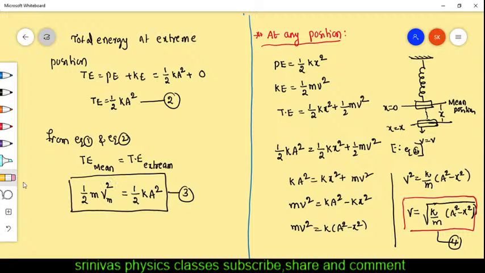Okay. Now I am going to rub this. It's not erasing.